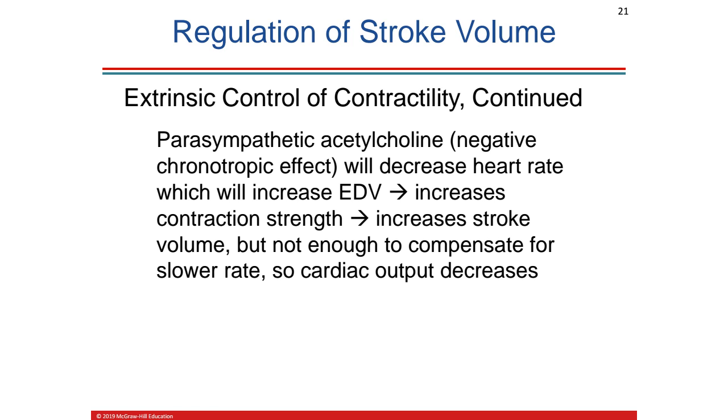And so that's why certain drugs such as beta blockers, which block beta adrenergic receptors throughout the body, but specifically they're going to act at the SA node, the sinoatrial node, will block the stimulatory effect of norepinephrine on the sinoatrial node, and therefore that will decrease the heart rate, and therefore this may lead to an increase in stroke volume, but overall there'll be a decrease in cardiac output.